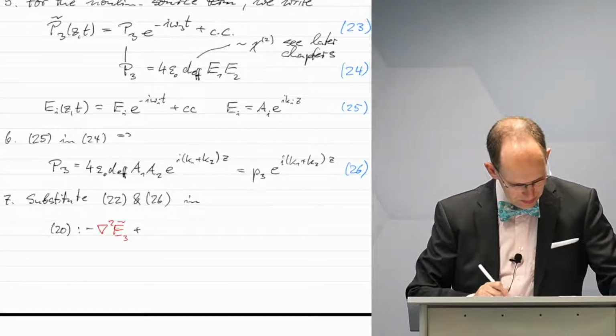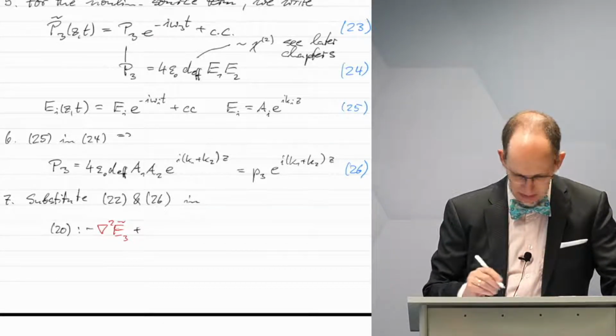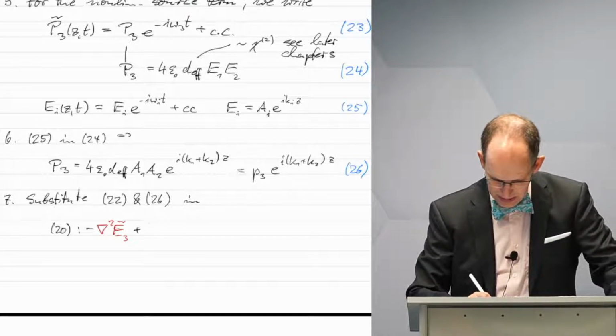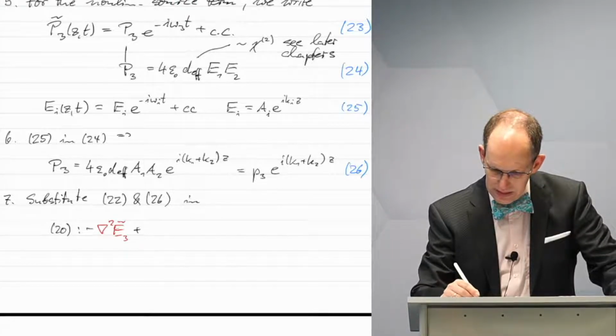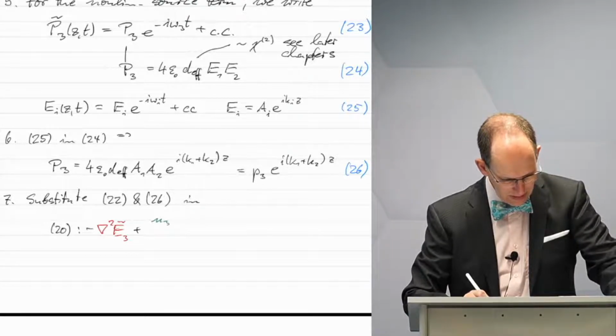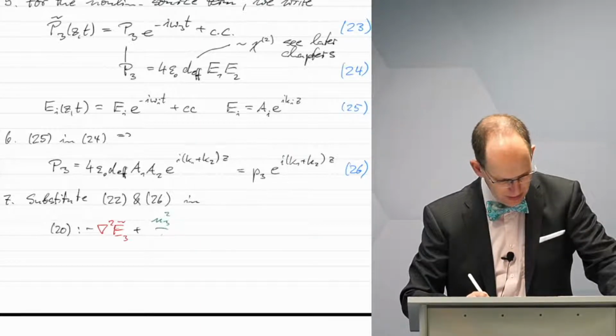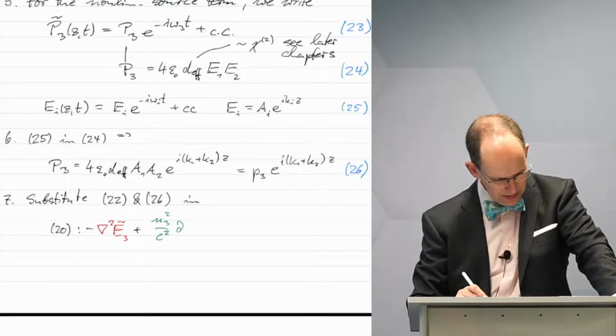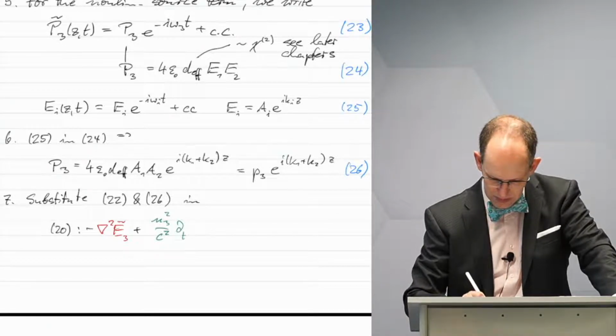So then plus, now some green color here, n3 squared divided by c squared, and I still have here the derivative. Well, doesn't matter.